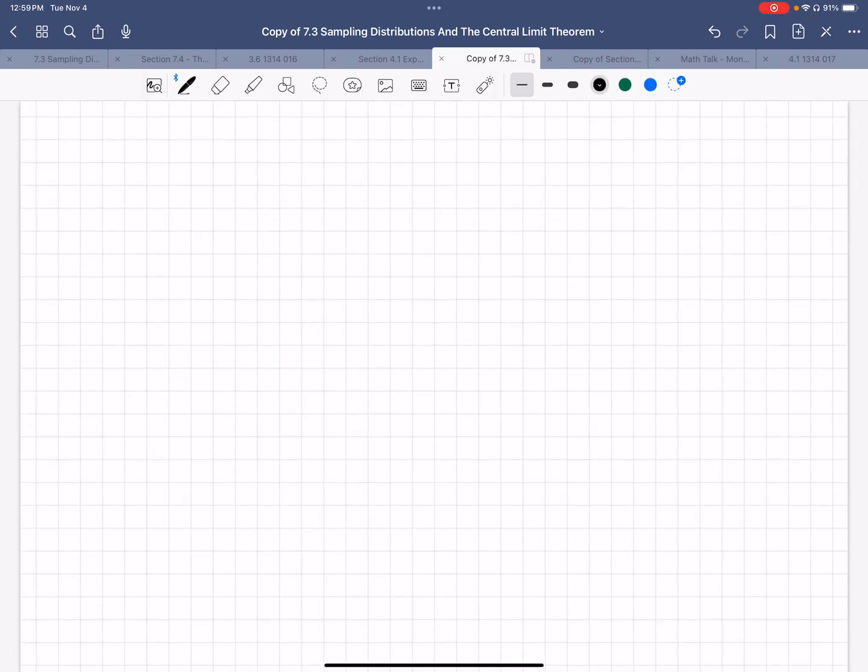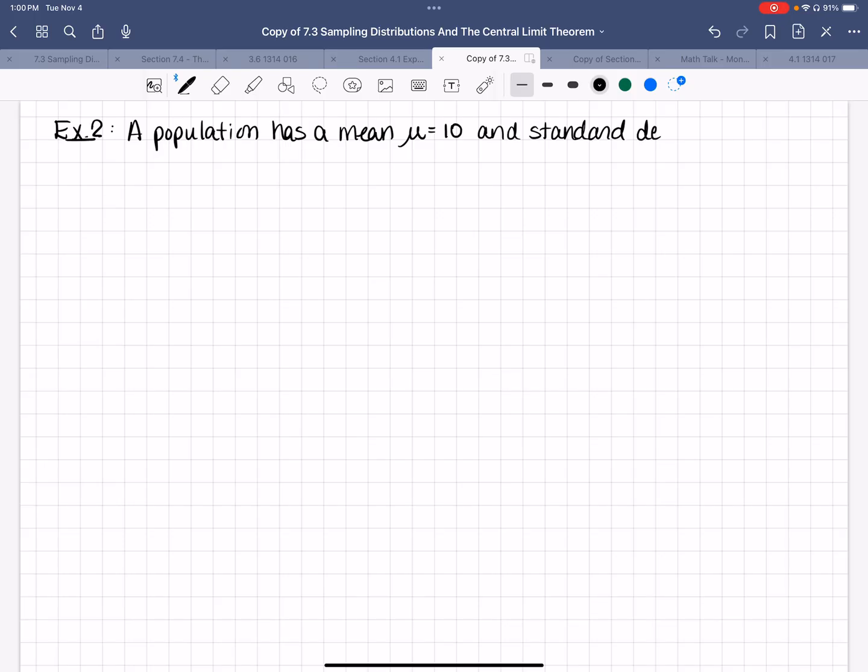Okay, so let's look at example 2. A population has a mean mu equals 10 and standard deviation sigma equals 8.